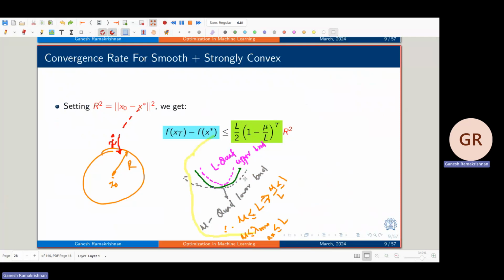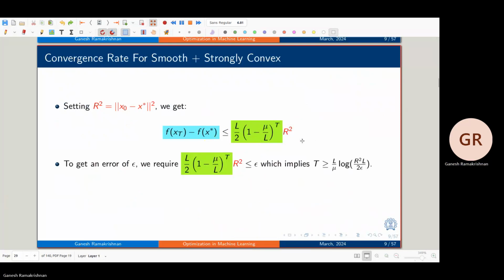Really surfacing here. Of course, times r squared. So to get an error of epsilon, we have to ensure that this right hand side is less than or equal to epsilon, which will imply that t should be at least of the order of log of 1 by epsilon.